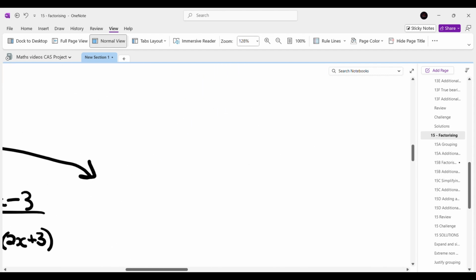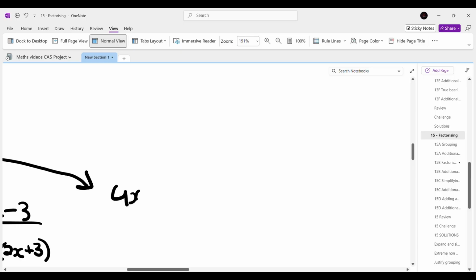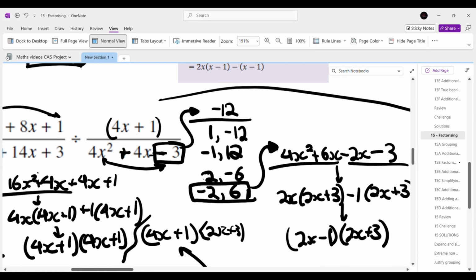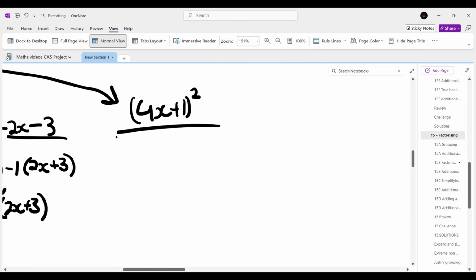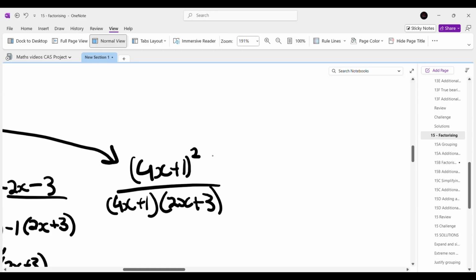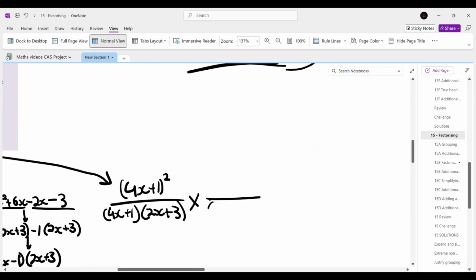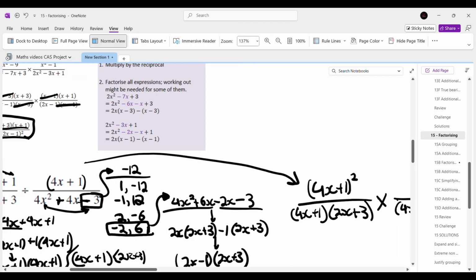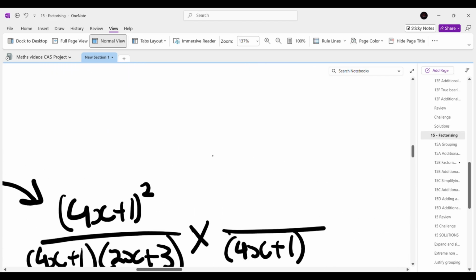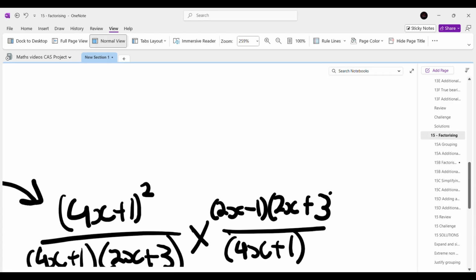So what we end up with is, this might take me a little while to write out, 4x plus 1 squared over 4x plus 1 times 2x plus 3, multiplied by, and we're just going to flip this, so we'll have 4x plus 1 as our denominator, and then 2x minus 1 over 2x plus 3 as our numerator.